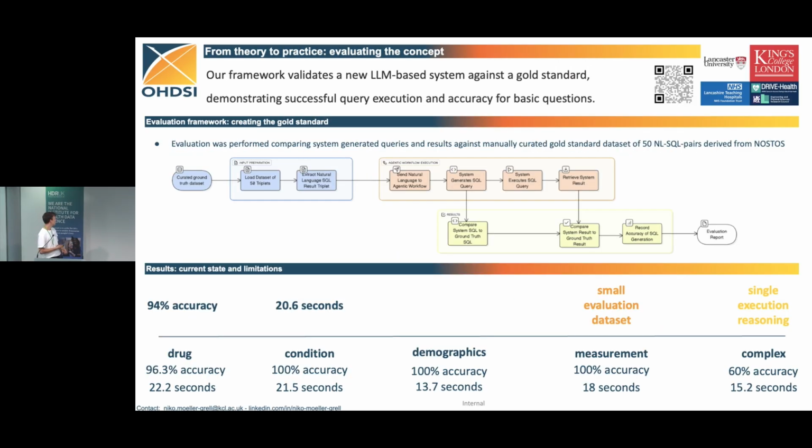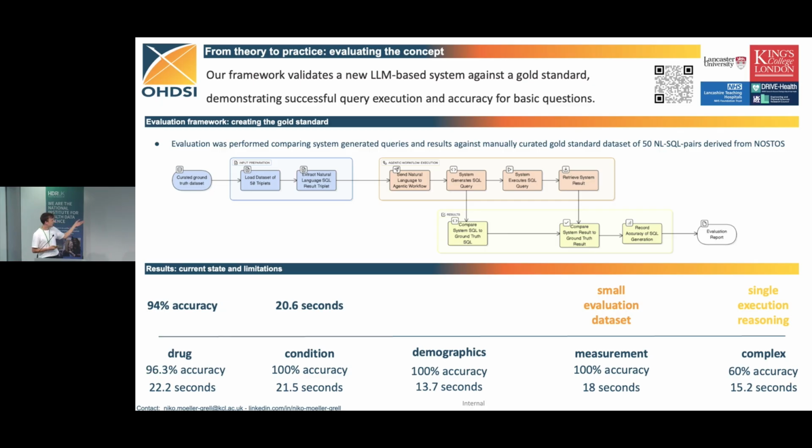So taking this from concept into application, we created an evaluation framework building up from work which is already out there from AWS called Nostos. We derived 50 natural language and SQL pairs, executed them against a known database, and came up with our gold standard.